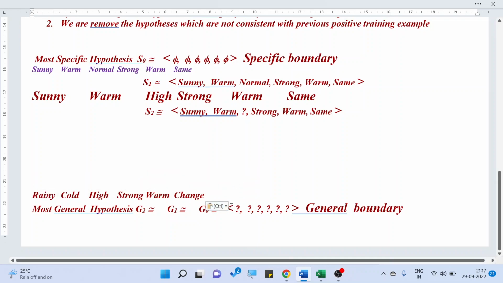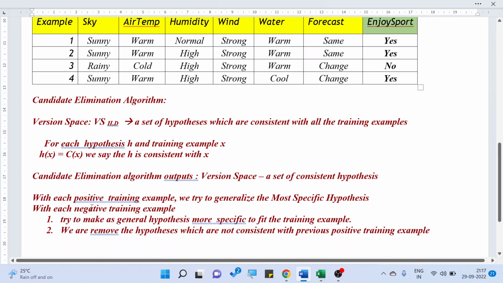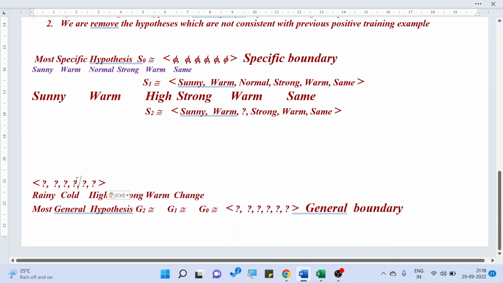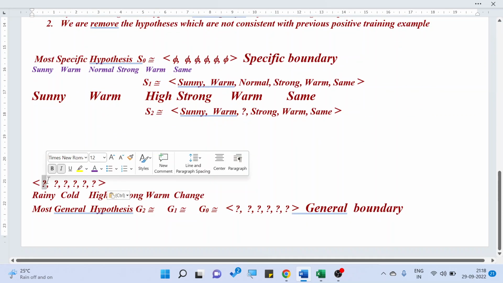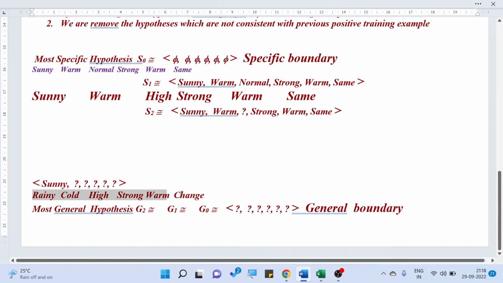Now, what it is saying, if the sky is rainy, he will not enjoy. That means when he will enjoy, what is the opposite of rainy here in the data? Sunny. So I am writing the hypothesis that if it is sunny, he will enjoy, because we have this negative example.